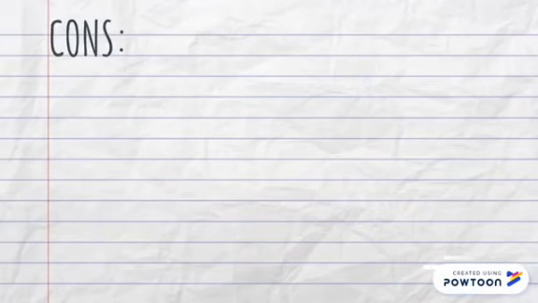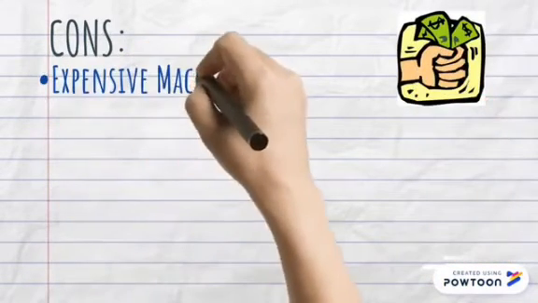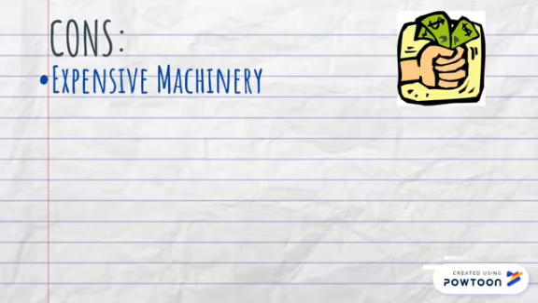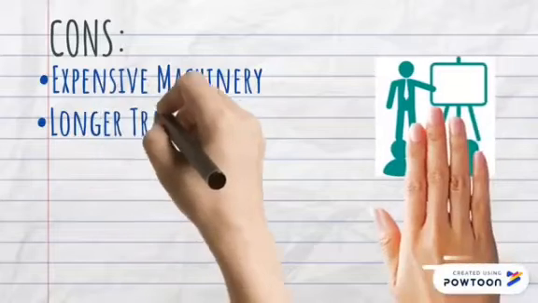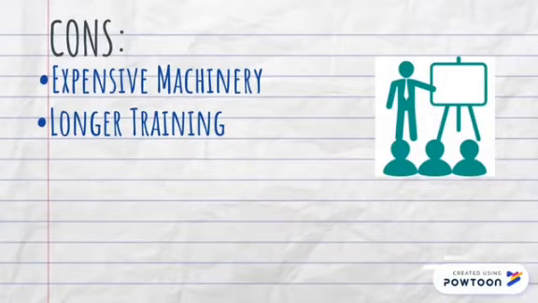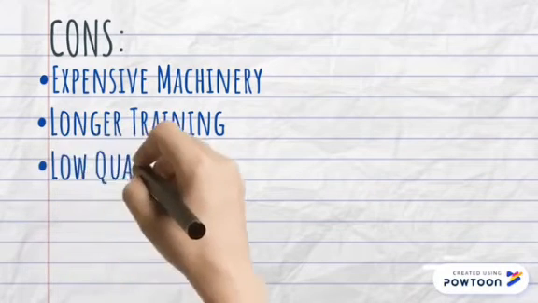4D ultrasound poses some disadvantages that expecting parents have to take into consideration, such as cost. It's relatively a costly procedure as it utilizes expensive machinery, requires professionals to perform the procedure, so longer training is needed to operate the machinery. Low quality images.